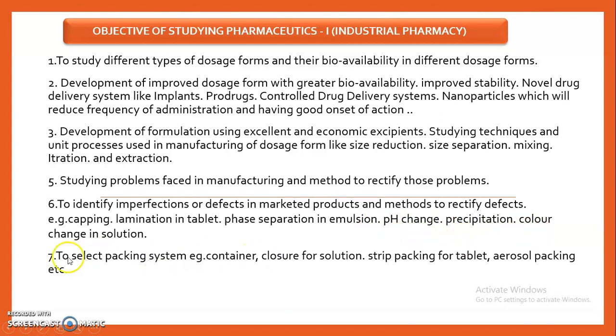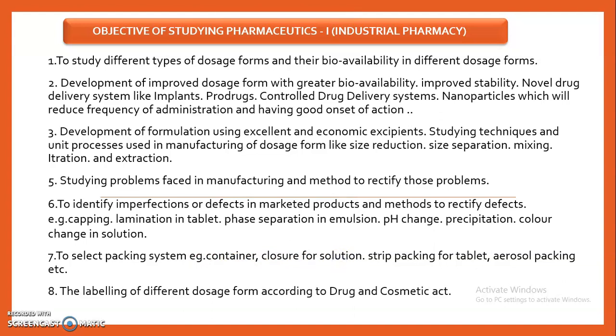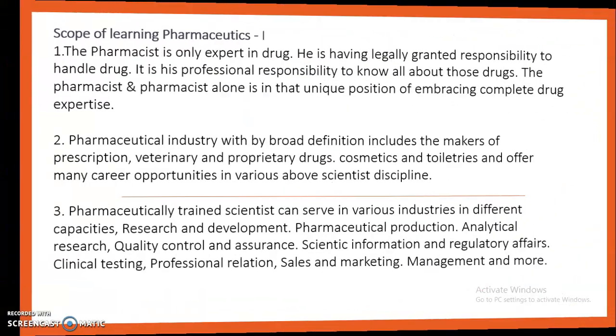These are some defects. To select the packing system, that is container and closure for solutions, strip packing for tablets, aerosol packing, etc. Then labeling of the different dosage forms according to the Drug and Cosmetics Act. These are the objectives of studying pharmaceutics.